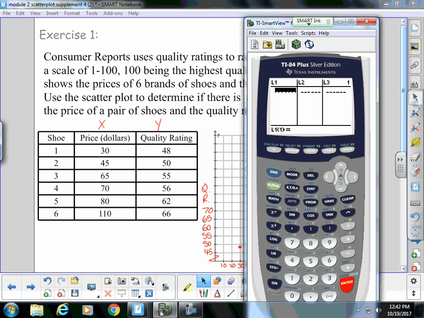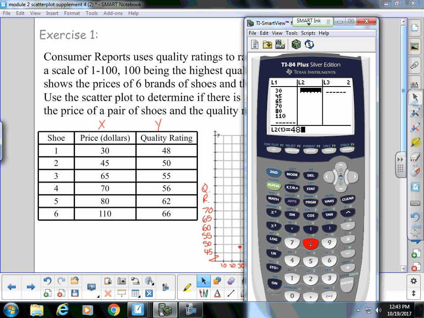Okay, and then in list 1, I'm going to put my X numbers. So 30, enter, 45, enter, 65, enter, 70, enter, 80, enter, 110, enter. And then I'm going to scroll over to list 2, and I'm going to put my Y values.